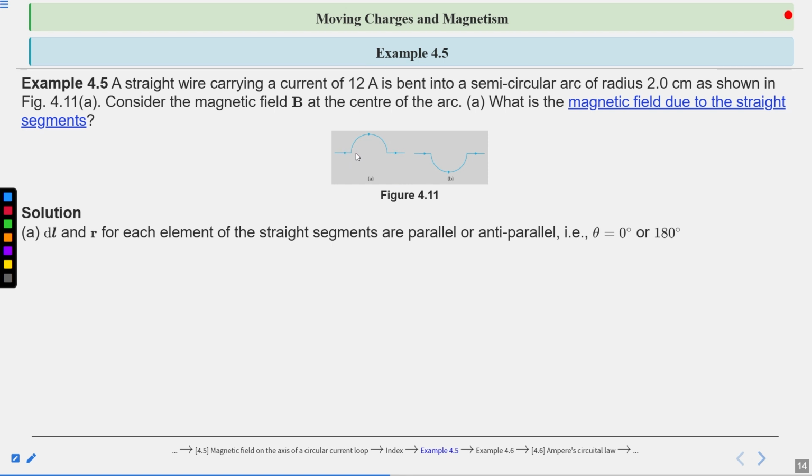For this segment parallel, for this segment anti-parallel. So dL and r for each element on the straight segments are parallel or anti-parallel, that is, theta will be 0 or 180 degrees.